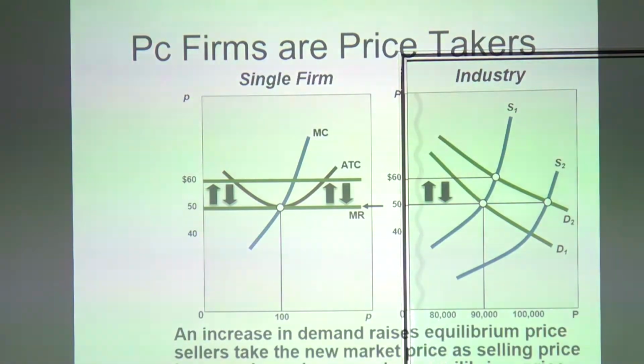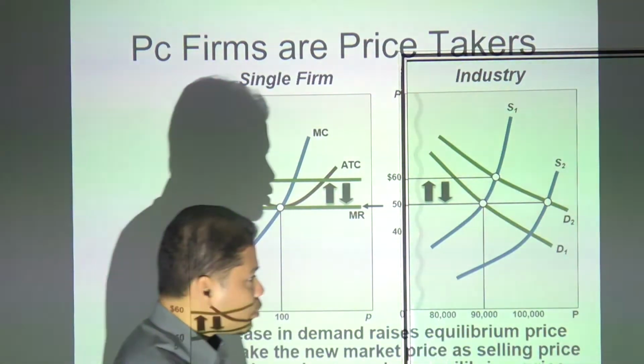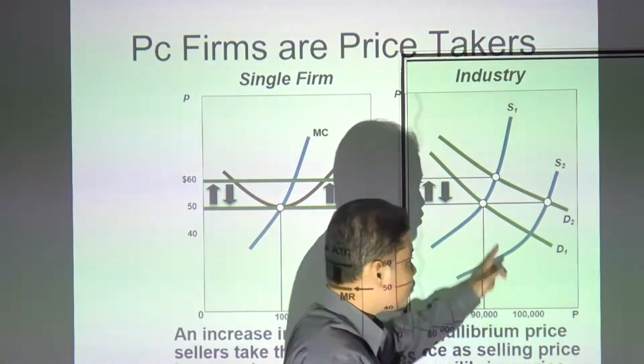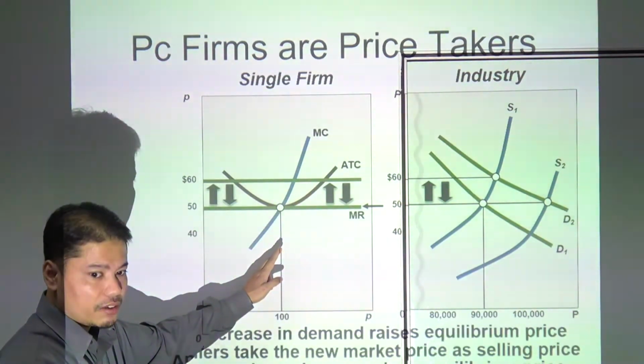Okay, when we talk about pure competition, we will always have two separate diagrams. One diagram is for the industry, the other one is for the individual firms. So you have the demand and supply curve in the industry, and then you have the demand facing the firm.